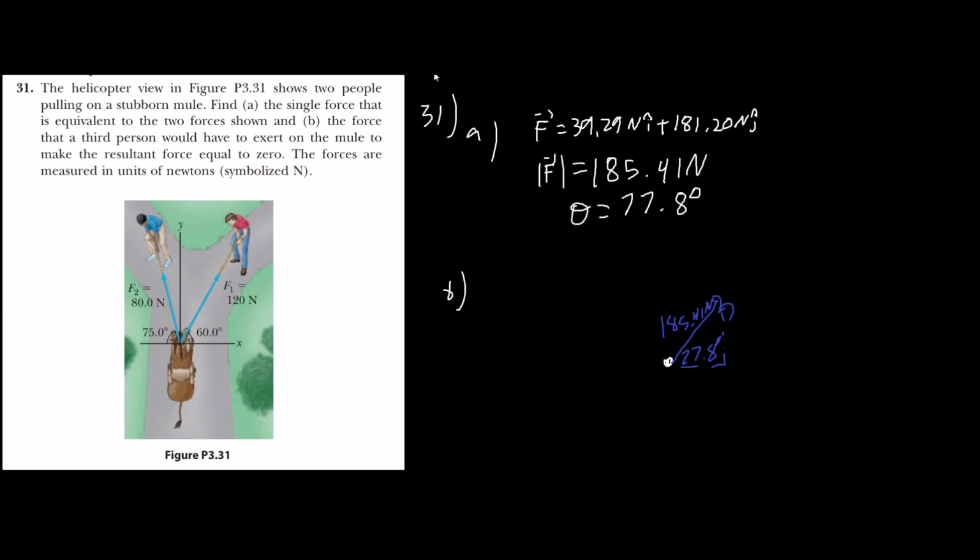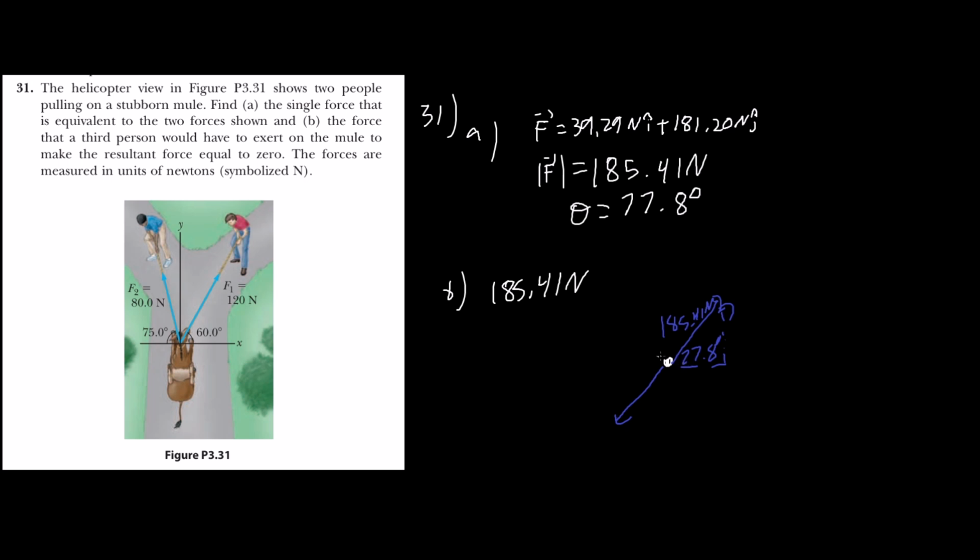Now the question is asking the force that a third person would have to exert. So let's take another person, and what force would that person have to exert to make this value zero? So we can already say that this would have to have the same magnitude of 185.41 newtons. Now it's just a matter of which direction this thing would have to exert.